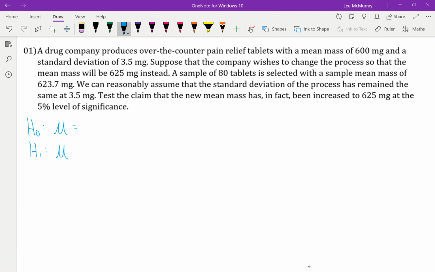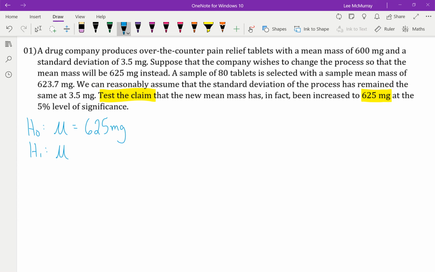So we're testing the claim that the new mean mass has in fact been increased to 625 milligrams. So the claim is that the weight is 625 milligrams, right? So for our H0, we're going to say that the mean is 625 milligrams.